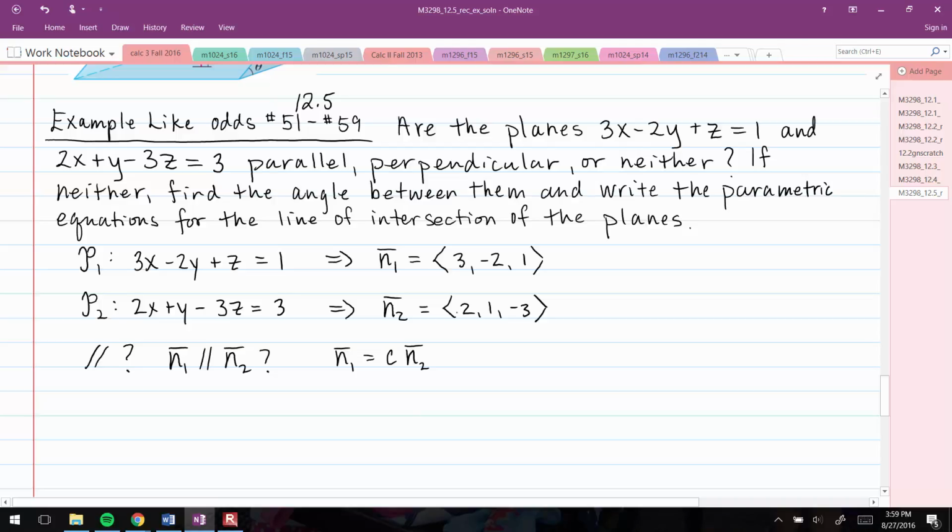Just look at the two normal vectors and notice with the first two components we can already determine they're not parallel, because to get from 2 to 3, I would multiply by a positive number, but to get from 1 to negative 2, I'd have to multiply by a negative. It's not going to jive. You don't necessarily have to show work, but it's good to write down your thinking, and no such c exists.